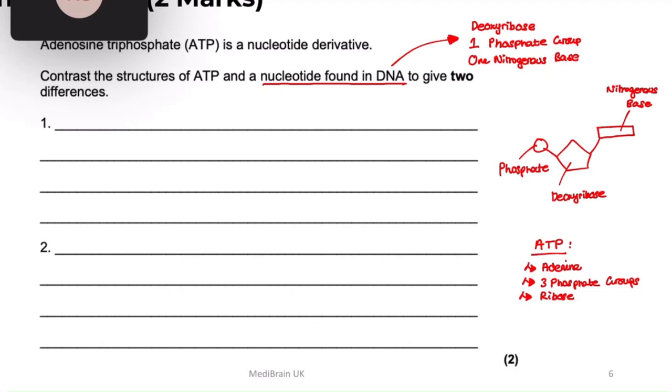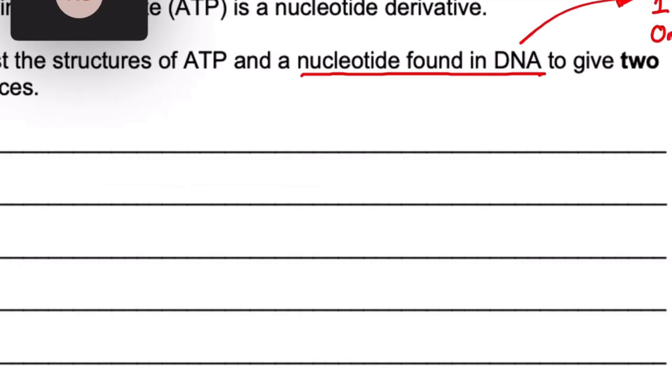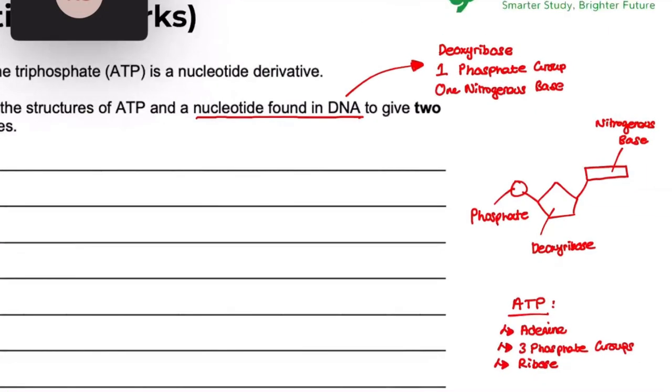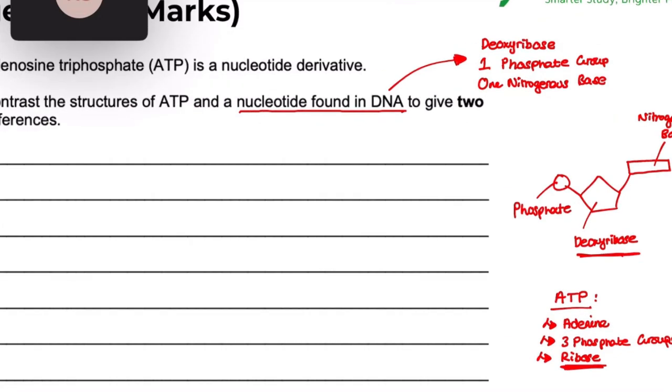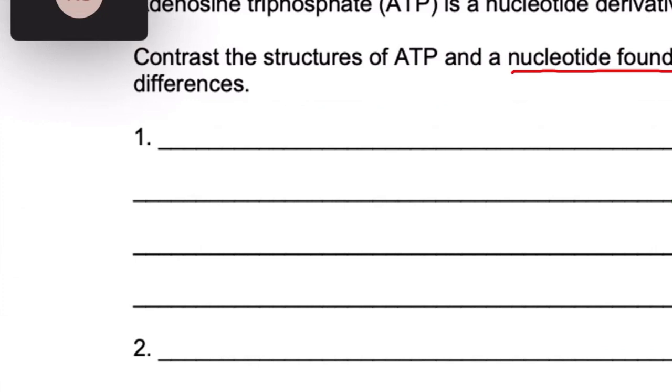Okay, so the first point that I'm going to say is the pentose sugar. So ATP we saw has ribose, whereas DNA nucleotide has deoxyribose. Okay, so that's the first thing.